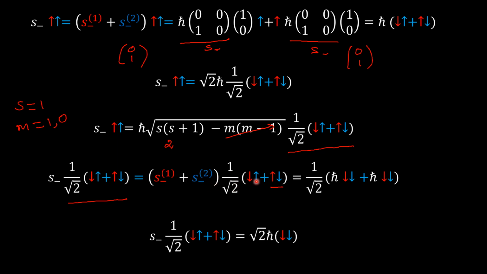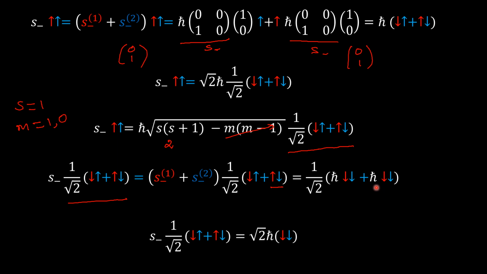So it is in the up state, so naturally this will become down. So red down, blue also down. What will happen if it acts on the second one? In the second one blue is already down, so this will be 0. So finally we got 1 over square root of 2 times h cross down down plus h cross down down.